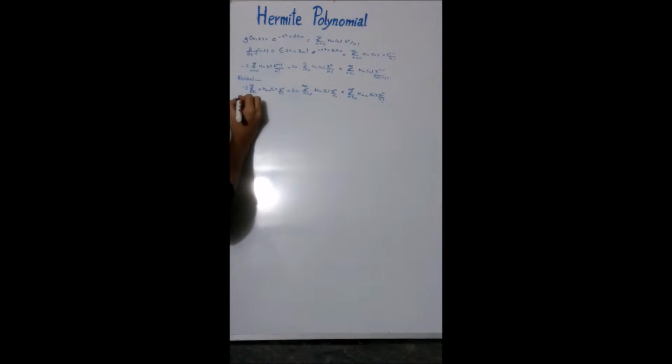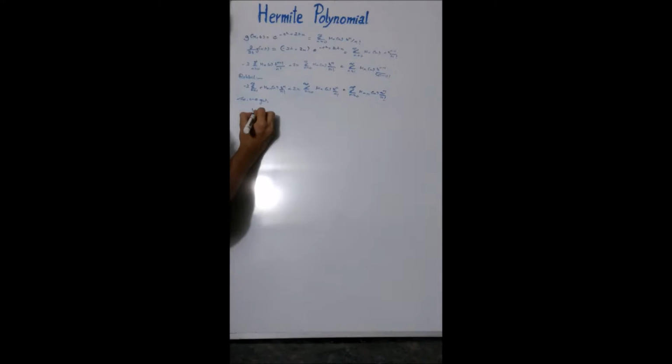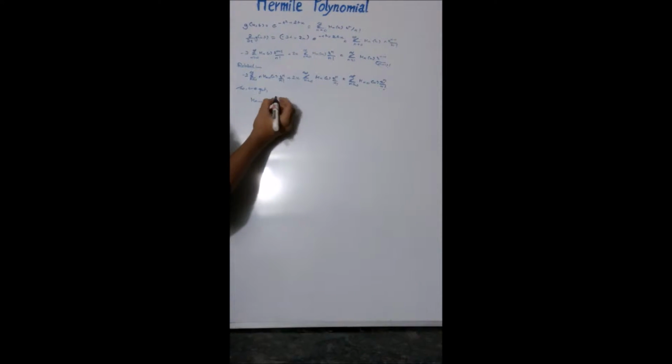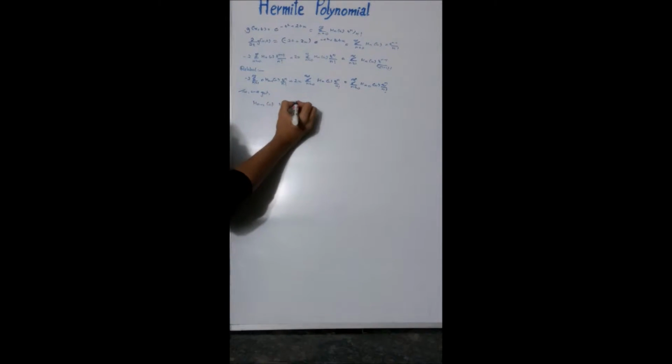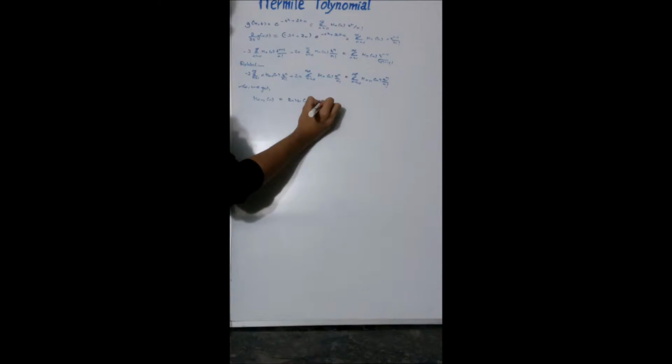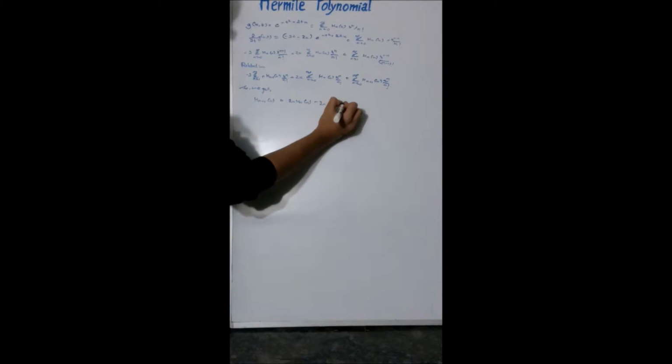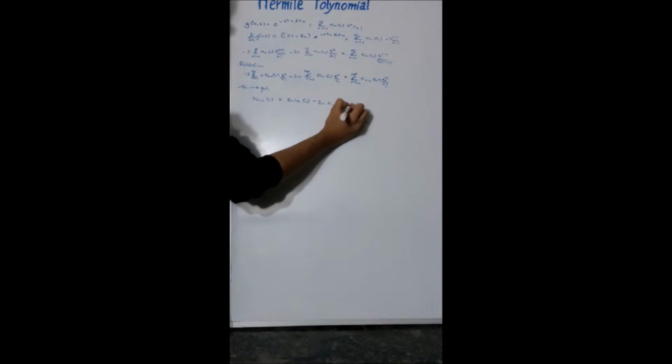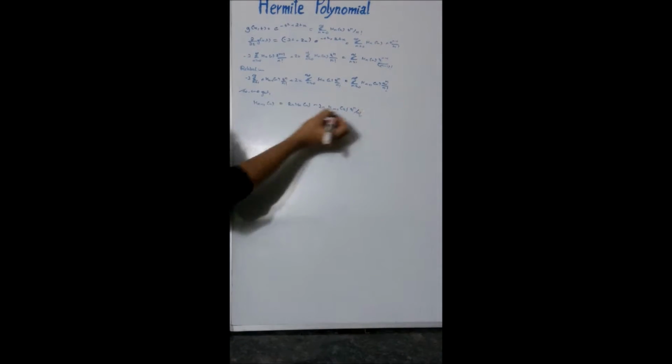Now we equate the coefficients of t^n / n!. So we get H_(n+1)(x) = 2x H_n(x) - 2n H_(n-1)(x).